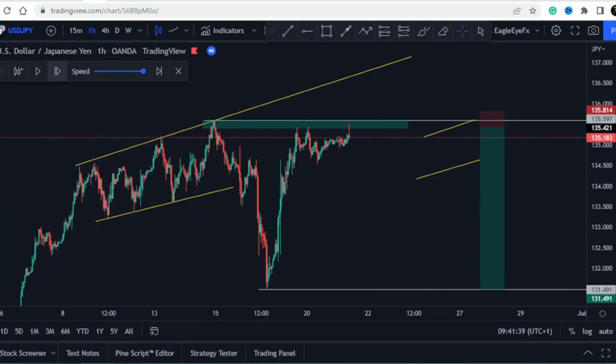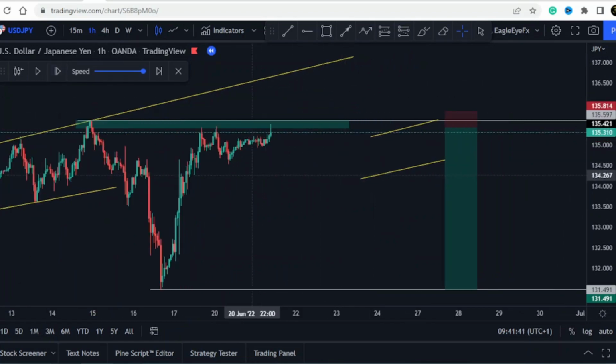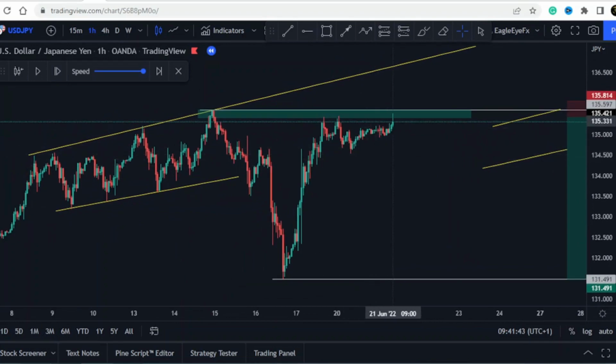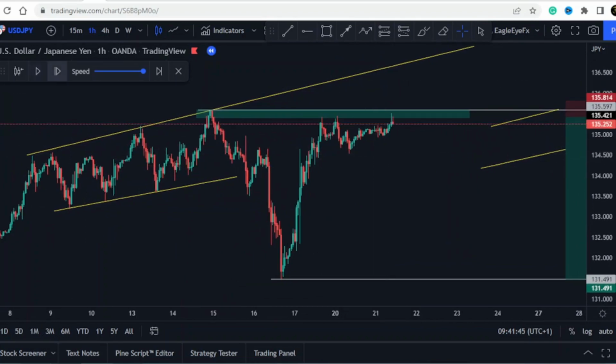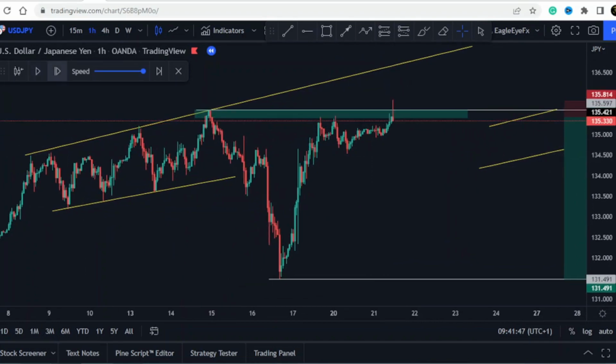So look at that. You could have easily said, look, you have seen a rejection, then another rejection, and then a beautiful rejection. Initially, maybe you could have entered the sell, or maybe you waited for it to break. Now look, it broke impulsively, very strong.